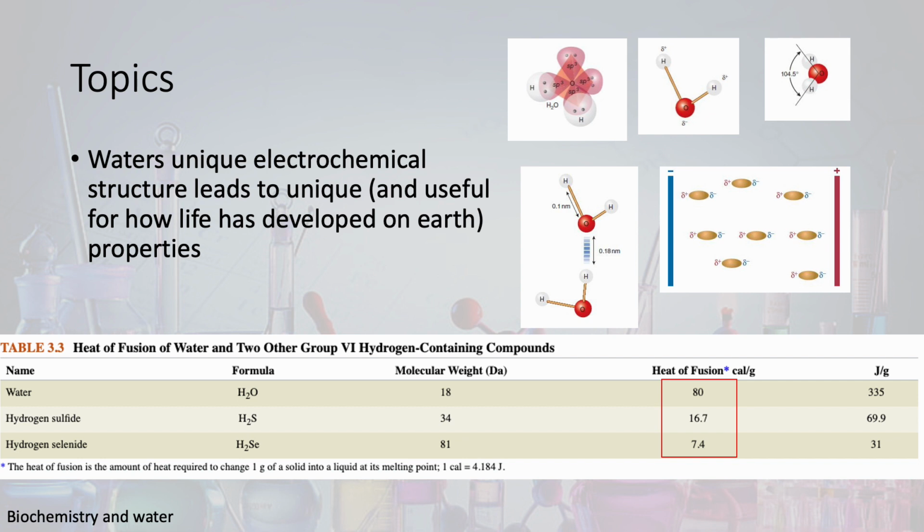So this means that the strength of the intermolecular forces between water, right, this positive hydrogen interacting with this negative oxygen, are much stronger compared to the way a sulfur molecule would interact with a hydrogen if we replace this oxygen with sulfur, even though there would still be a permanent dipole moment there for sulfur.